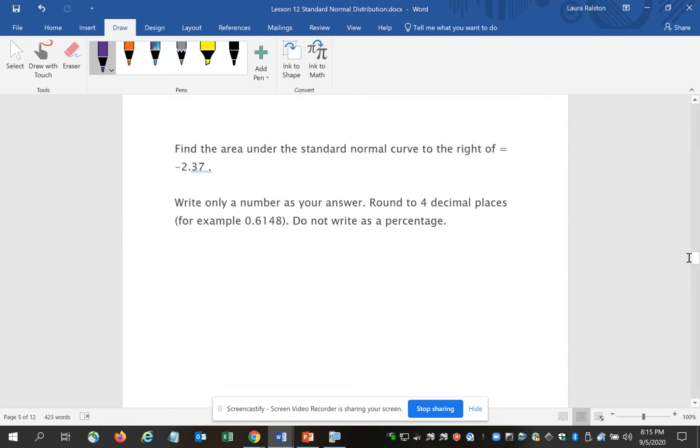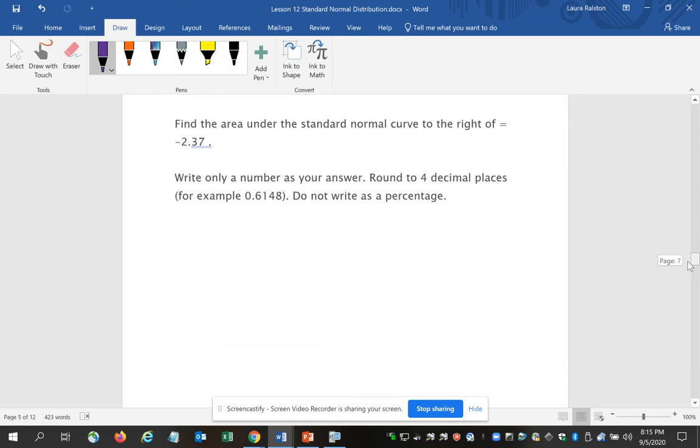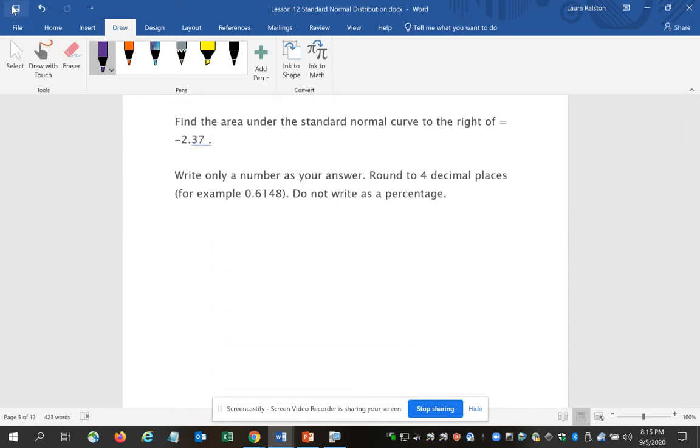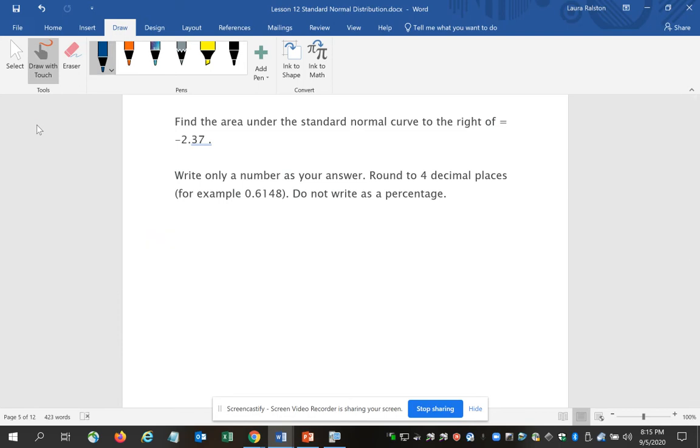Okay. This one says find the area of the standard normal curve to the right of negative 2.37. Guys, you have to be really careful reading these questions. You got to catch all of the words.